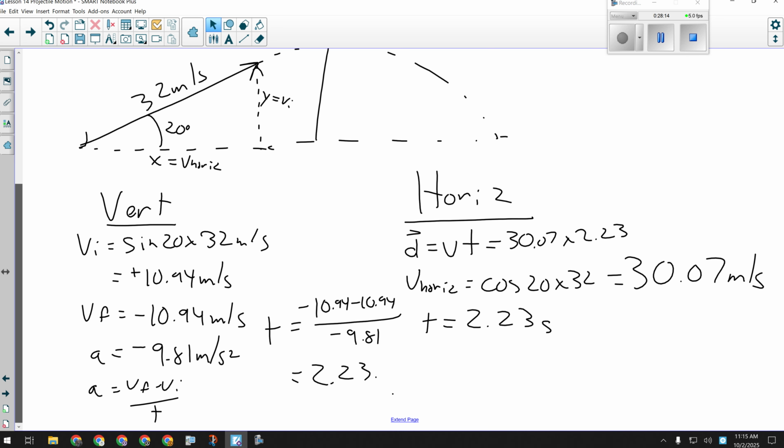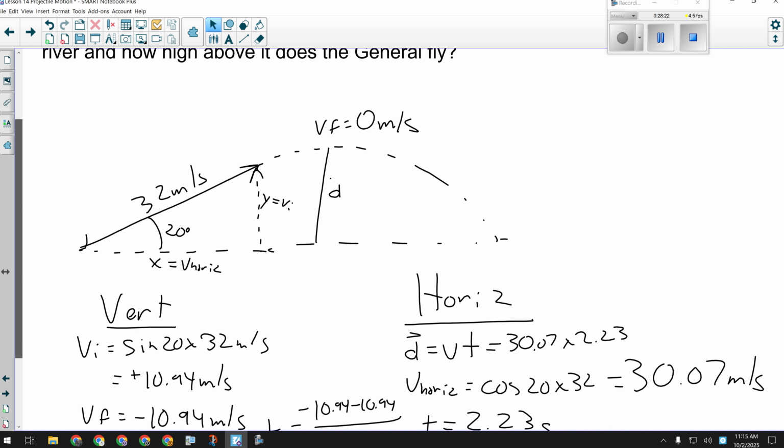Half of this? Okay, so there's two new pieces of information, right? I'm trying to find the vertical displacement, how high above its launch point is it, when this is true. Okay, so when I'm trying to calculate the maximum height, I still have this number. This number is still true.